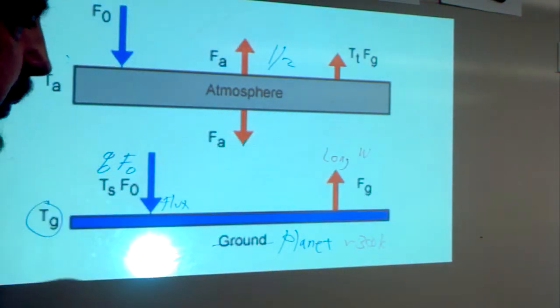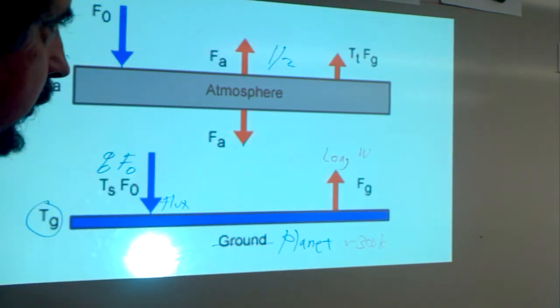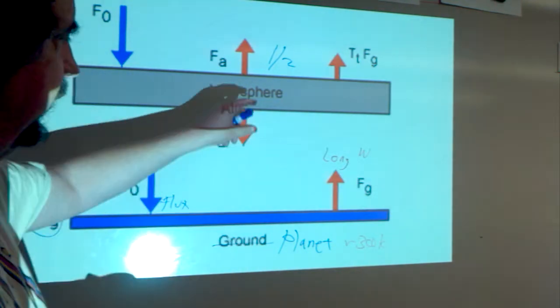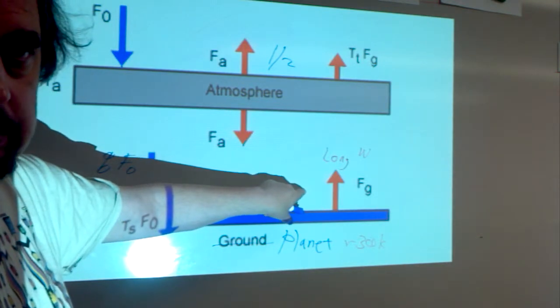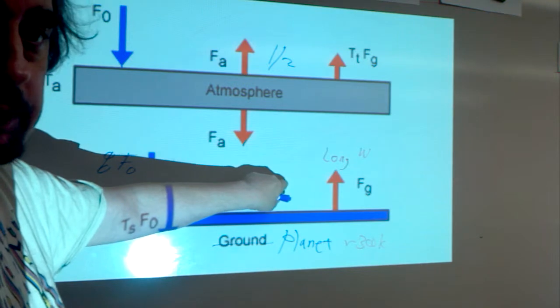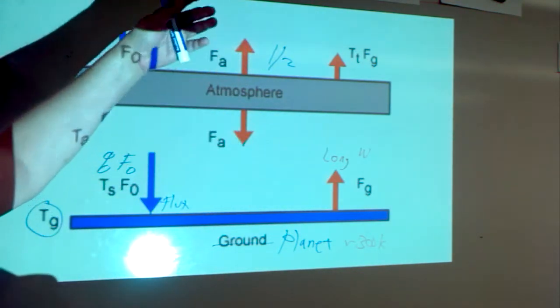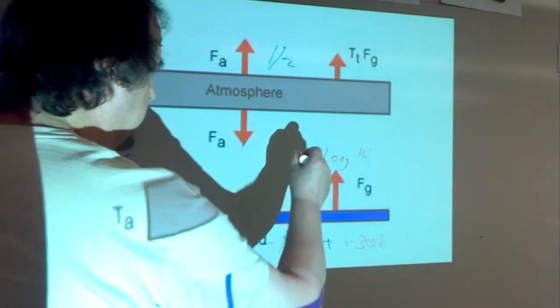And so it heats up at that characteristic temperature and emits radiation in the infrared. Now, if the atmosphere didn't interfere with this radiation, we wouldn't have a problem. But the atmosphere will turn out to intercept most of this radiation. It doesn't just escape directly back into space. It gets reabsorbed by the atmosphere.